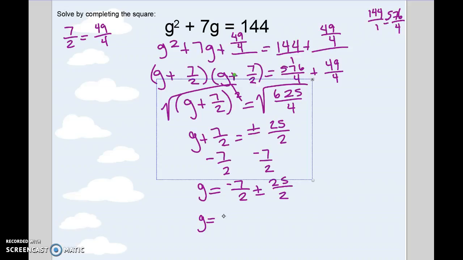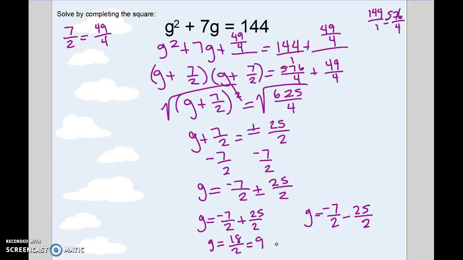Negative 7 over 2 plus 25 over 2, and negative 7 over 2 minus 25 over 2. Negative 7 plus 25 is going to give me 18 over 2, which is 9. And negative 7 minus 25 is going to give me negative 32 over 2, which is negative 16. So those are my two answers, 9 and negative 16.